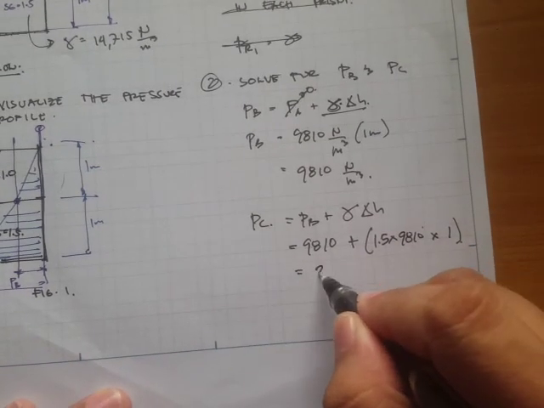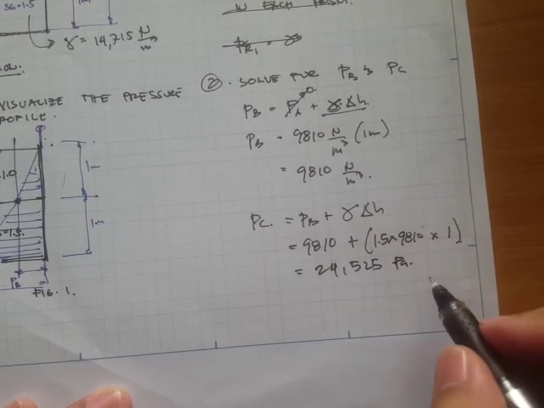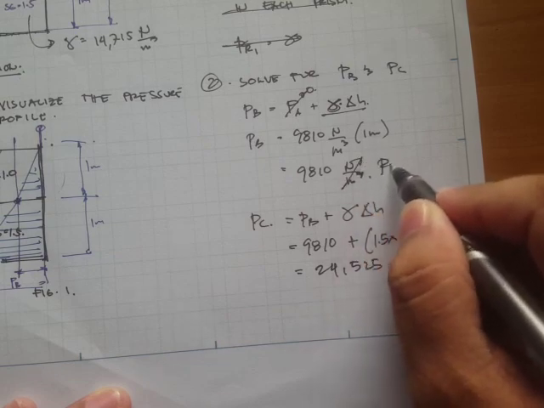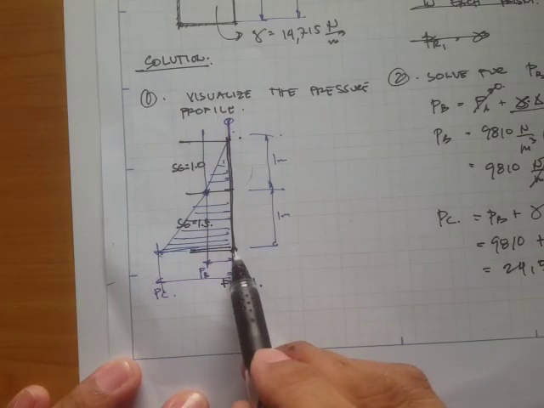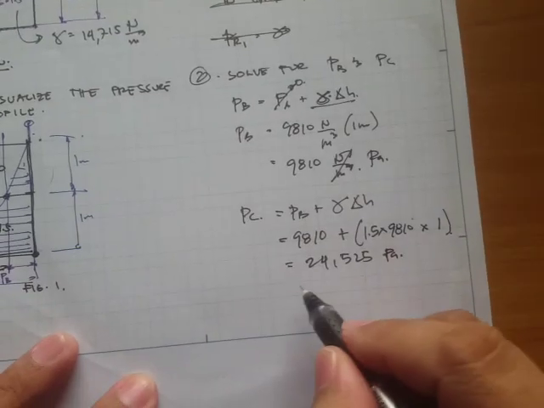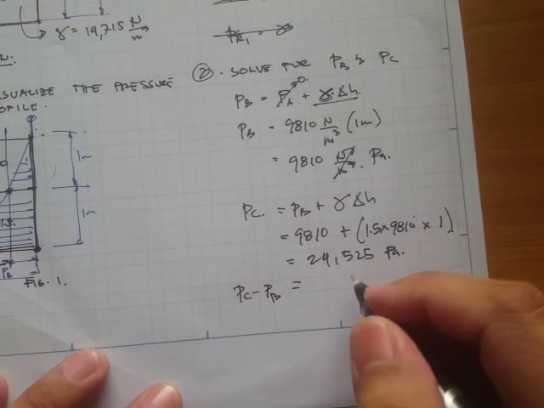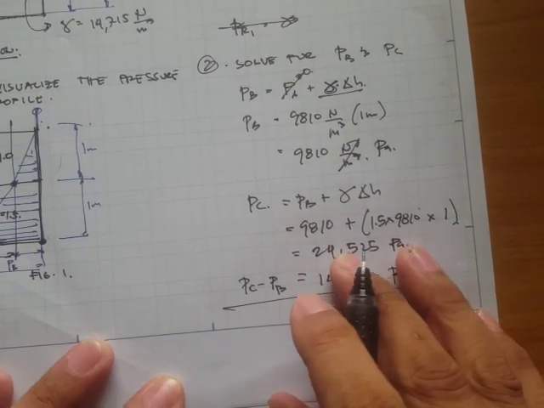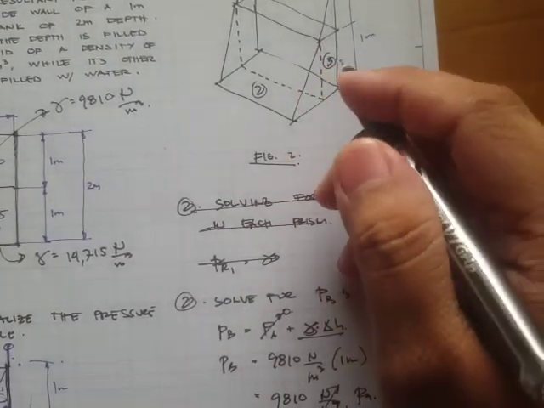This one is 24,525 pascals. Note that this pressure at C refers to the pressure from point 0 to point C. What we need is the pressure from PB to PC, which is PC minus PB, equal to 14,715 pascals. We need these values because we are solving for the volumes.